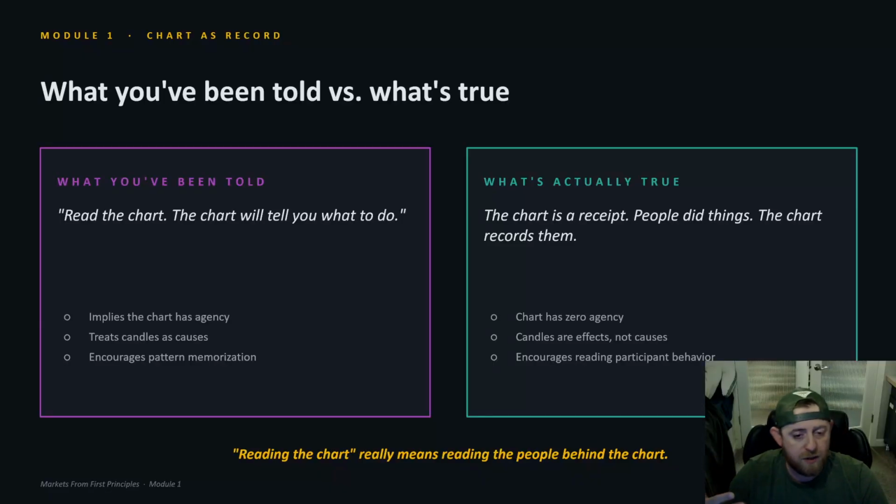So if you do decide that you would rather trade crypto or bonds, you should be able to with the actual knowledge of what's happening, because people are people everywhere. So if you can learn to read people in micro futures and you decide that you want to do something else, you should be able to apply this knowledge generally to other things.